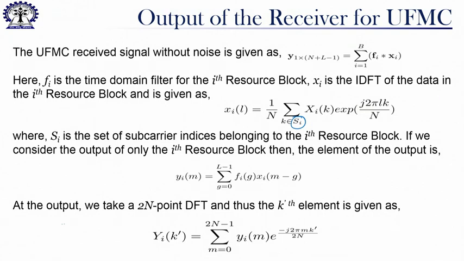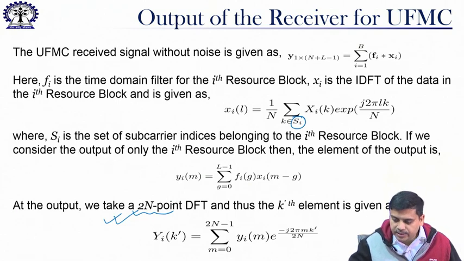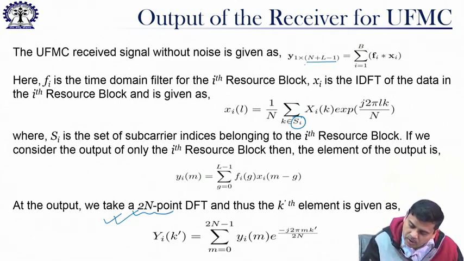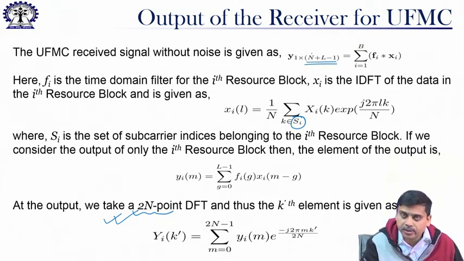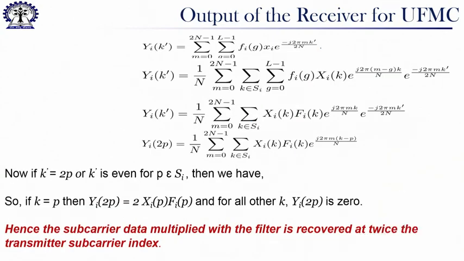And we also summarily said that the output is usually done in a manner that there is a 2N-point FFT, and the reason is that the output is longer than N, that there are N plus L samples because of the filtering operation that happens. So one has to take a 2N-point FFT, and when one takes the even subcarriers, or k prime equals 2p, then one finds the desired signal along with the filter coefficients.